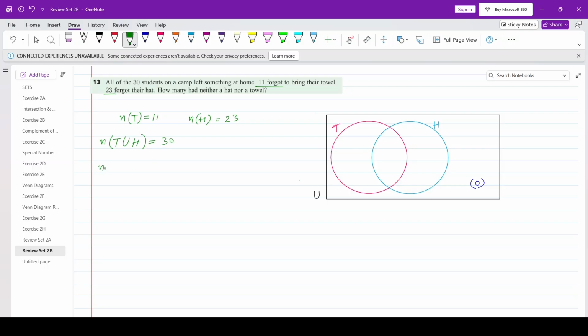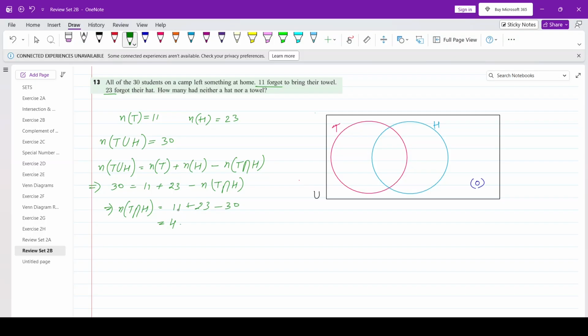We know the formula for T union H is number of students in T plus number of students in H minus number of students in T intersection H. By putting the values, 30 is equal to 11 plus 23 minus number of students in T intersection H. 11 plus 23 minus 30.